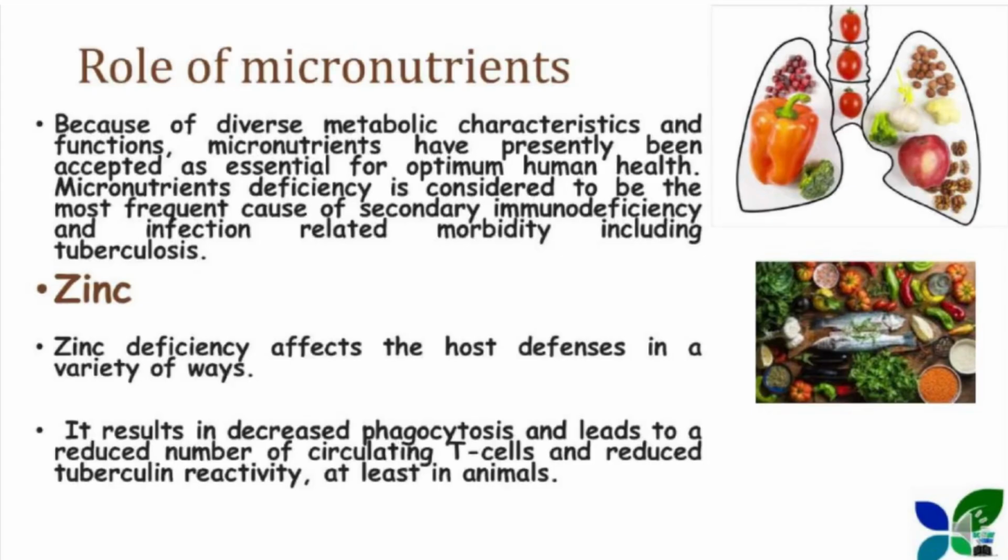Zinc deficiency affects the host defenses in a variety of ways. It results in decreased phagocytosis and leads to a reduced number of circulating T cells and reduced tuberculin reactivity, at least in animals.